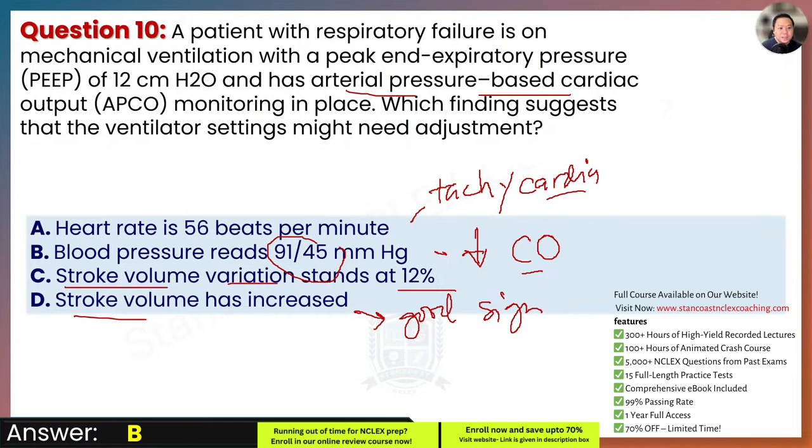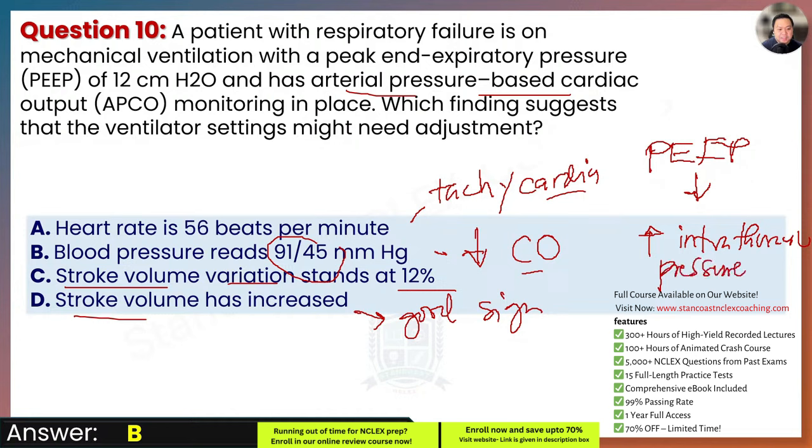So PEEP can lead to increased intrathoracic pressure, and this can cause a drop in cardiac output and also a drop in blood pressure. So increased PEEP, I just want to emphasize that. I hope that you got this question correctly.